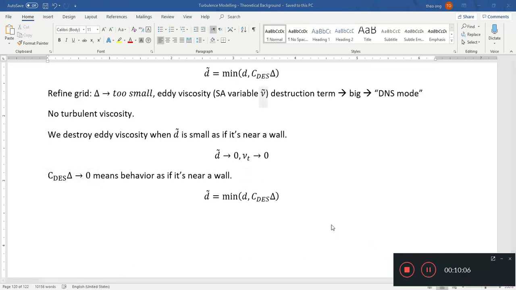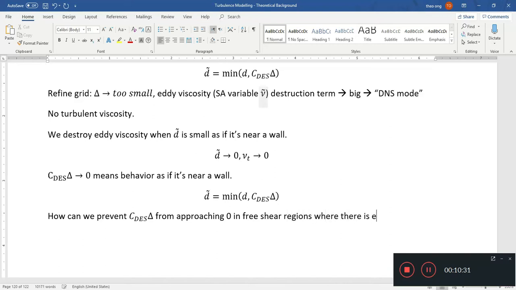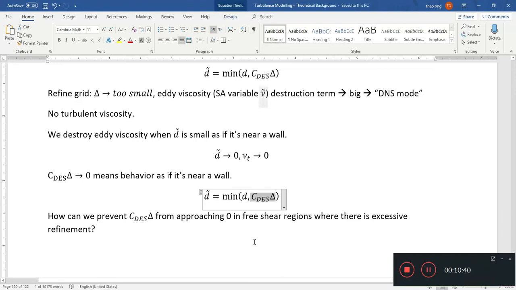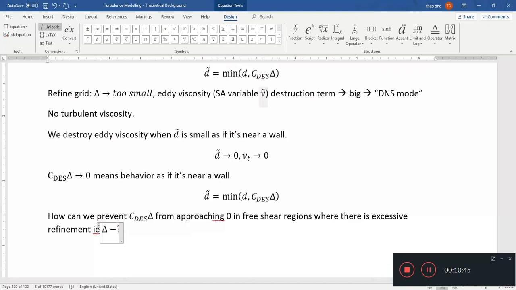So what can we do about this? How can we prevent C_DES delta from approaching 0 in free shear regions where there is excessive refinement, i.e. delta approaching 0?